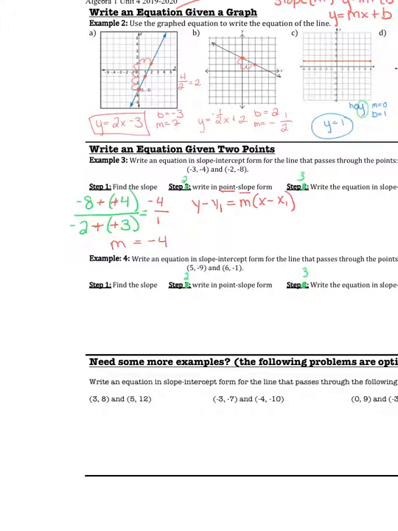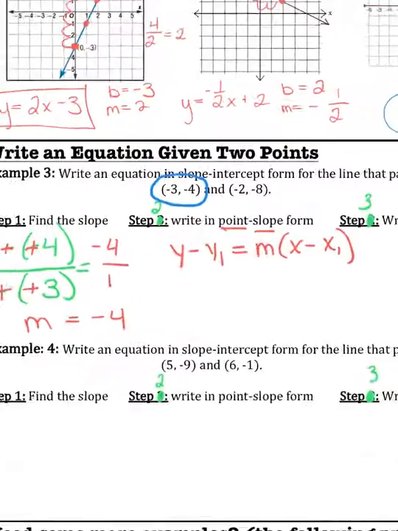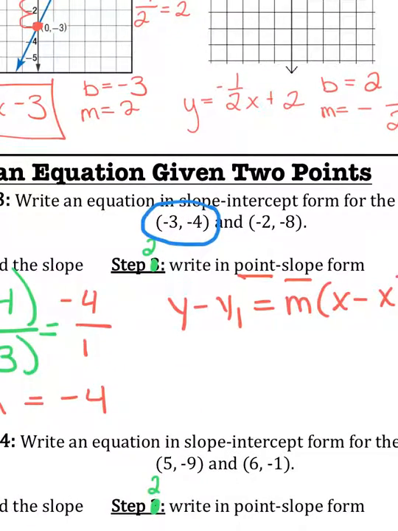So I'm just going to pick a point to work with. They give me 2 points. And as a rule of thumb, I will just always pick the first one just for consistency, but it really doesn't matter. And just to show you, I'm going to zoom up on this. This is my x1 and this is my y1. So this negative 4 is going to go in here for that y1.